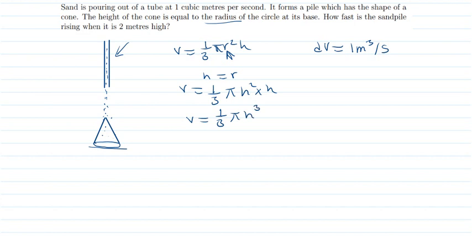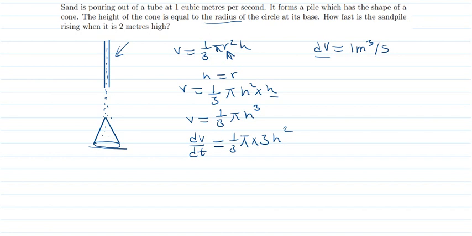Since we have been given the rate at which the volume is changing and we want the rate at which height is changing, we need to differentiate our equation. So differentiating with respect to time, we get dV/dt, which is equal to 1/3 pi multiplied by, differentiating h cubed, we drop the 3 and subtract 1, so we have h squared.